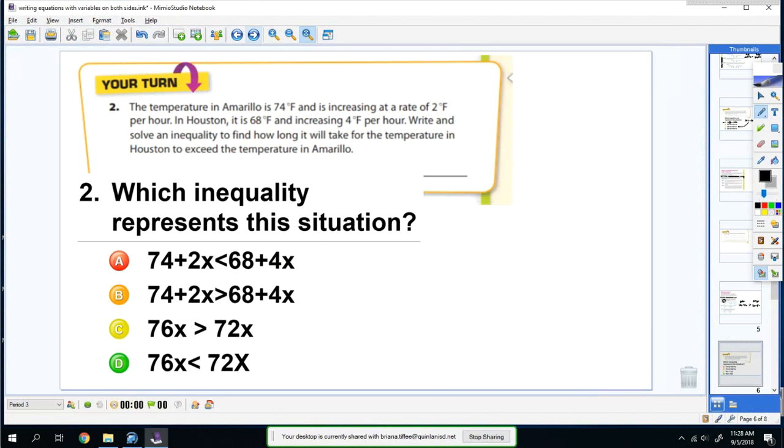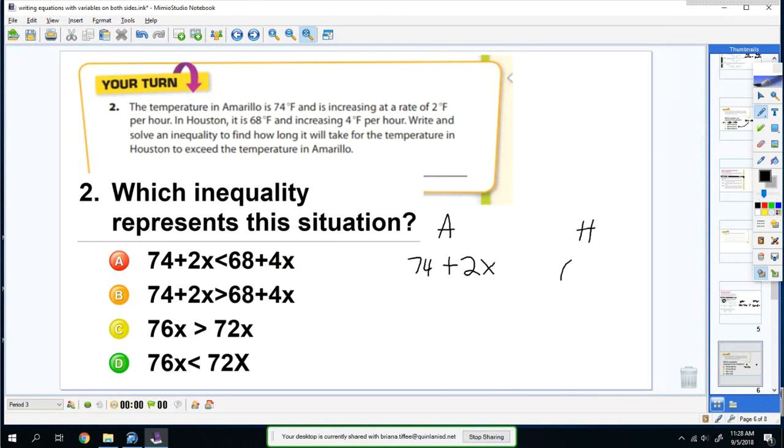The temperature in Amarillo is 74 degrees and is increasing at a rate of 2 degrees per hour. In Houston, it's 68 degrees and is increasing at 4 degrees per hour. Write and solve an inequality to find out how long it will take the temperature in Houston to exceed the temperature in Amarillo. So we have Amarillo, which is 74 degrees, plus a rate of 2 degrees per hour.